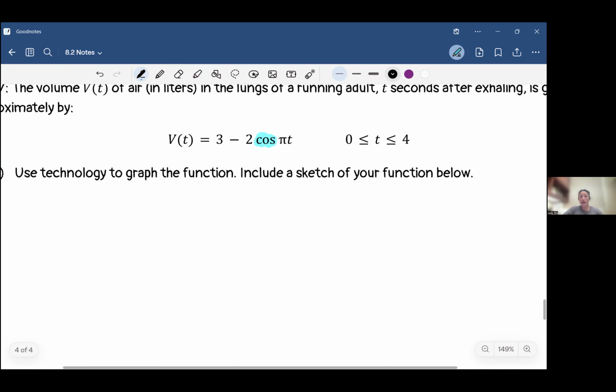So part A says use technology to graph the function, include a sketch of your graph below. All right. So again, I'm not asking you to graph it by hand. I want us to use the technology and to graph it that way. Okay. And more specifically, I'm telling you what the X values should be. So like the X values, we're going to start at 0 and we're going to go to 4.